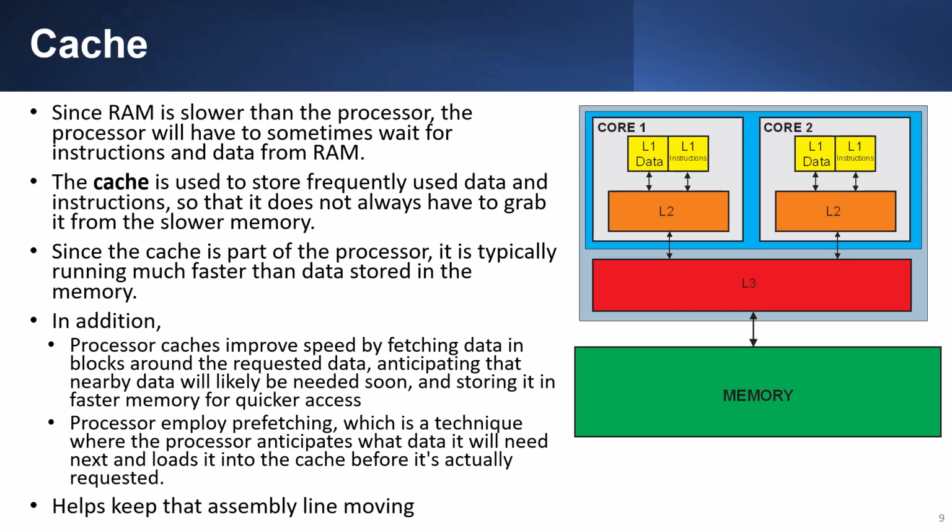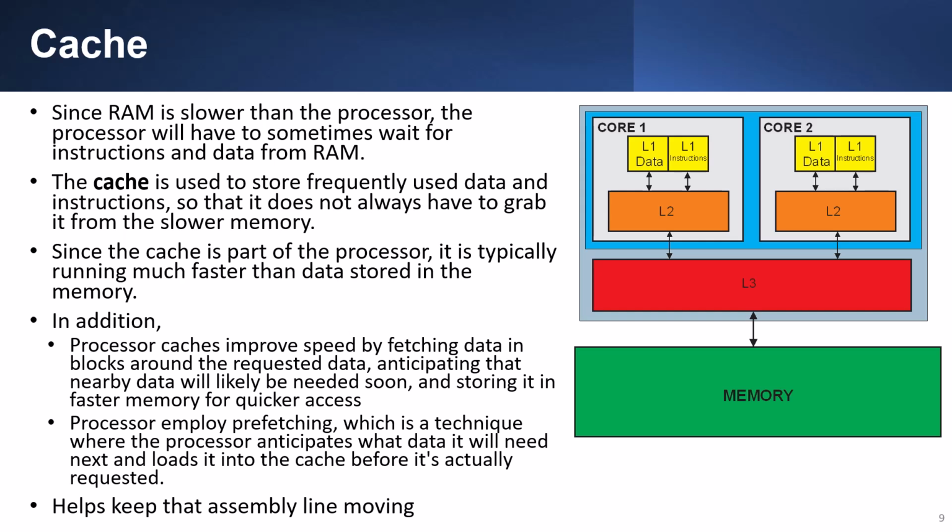Since RAM is slower than the processor, the processor will sometimes have to wait for instructions and data from RAM. The cache is used to store frequently used data and instructions, so it does not always have to grab it from the slower memory. Since the cache is part of the processor, it is typically running much faster than data stored in memory.